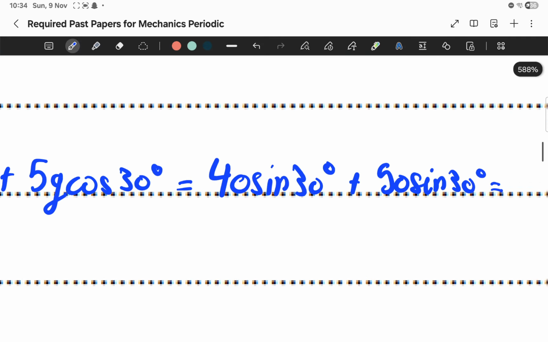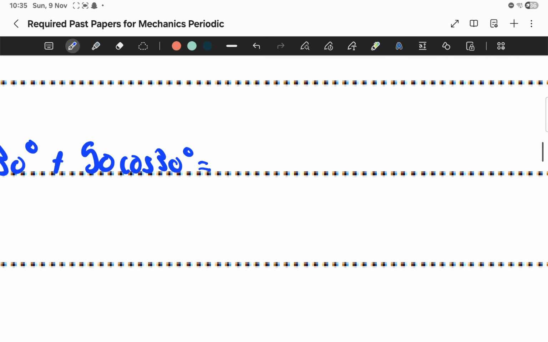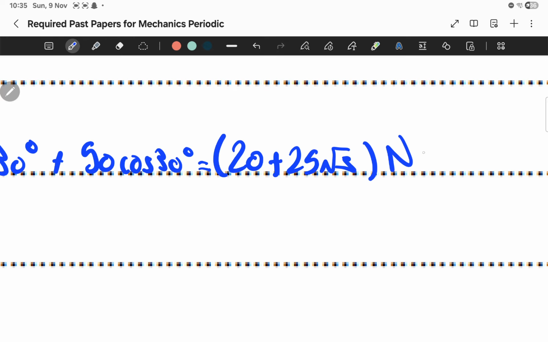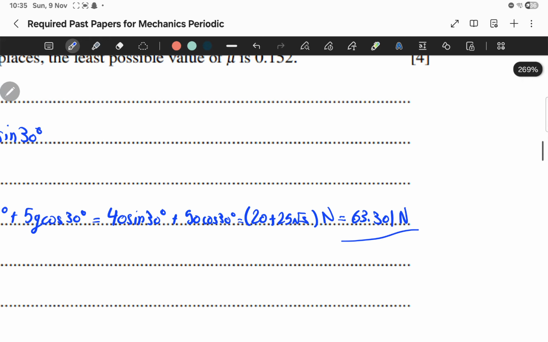Where did I get sine? This is cosine. 5g cosine 30. So 40 sine 30 plus 50 cosine 30. 20 plus 25 radical 3. This is going to give me 63.301 newtons.